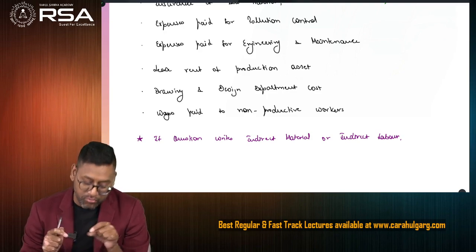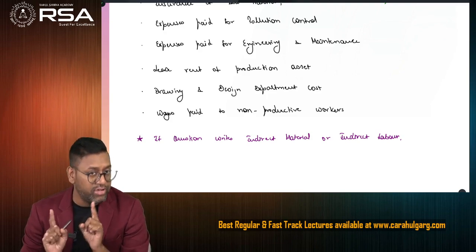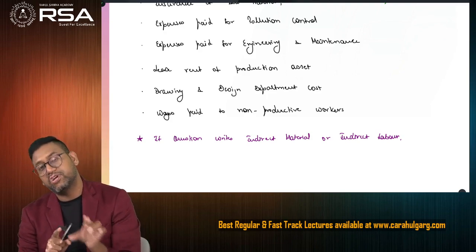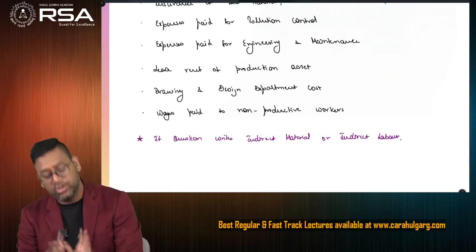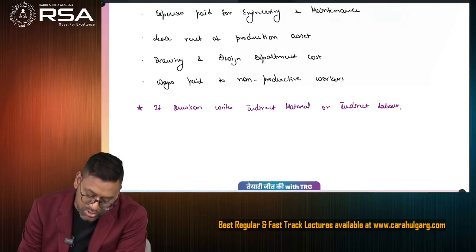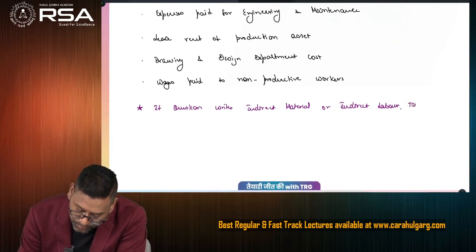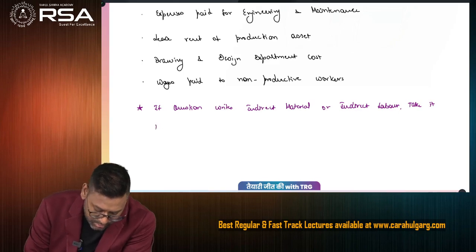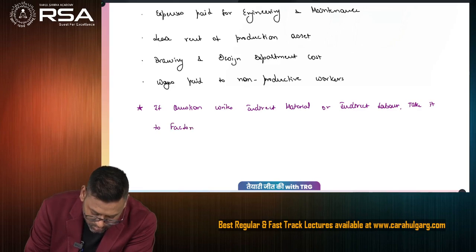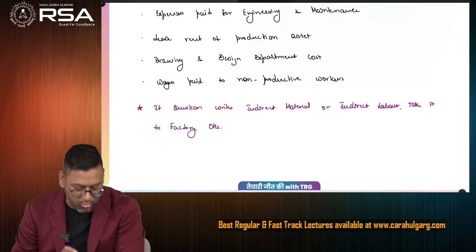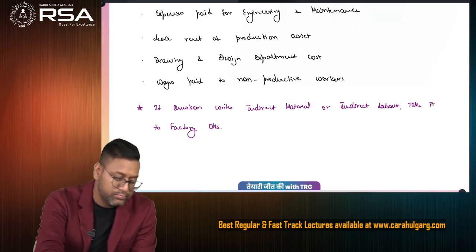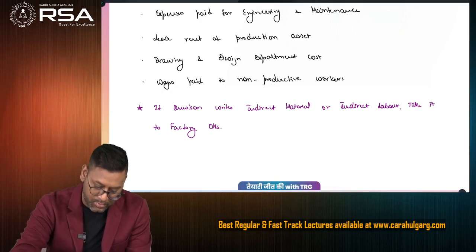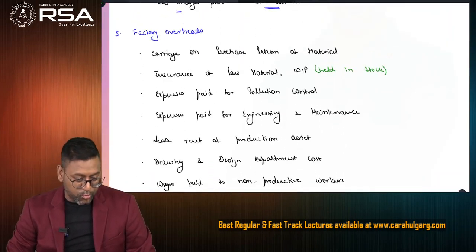What will you do? We will take this to the factory overheads. Whenever the question gives just the wording indirect material, indirect labor, and nothing else, it is always assumed to belong to factory overheads. Done. So it is point number 5.